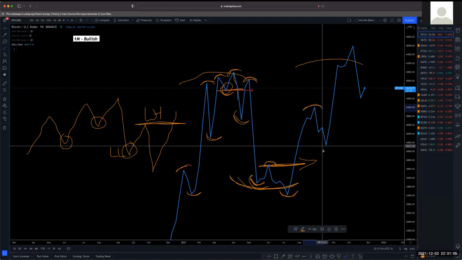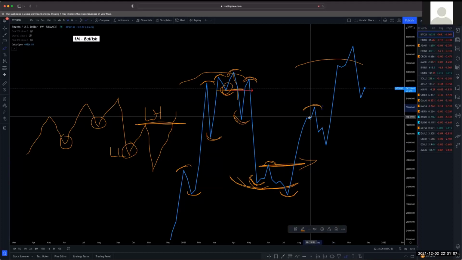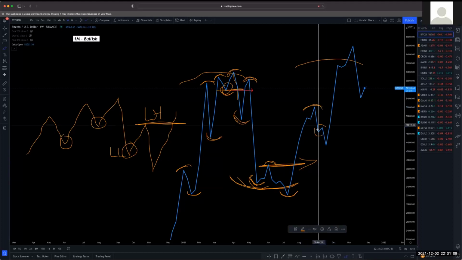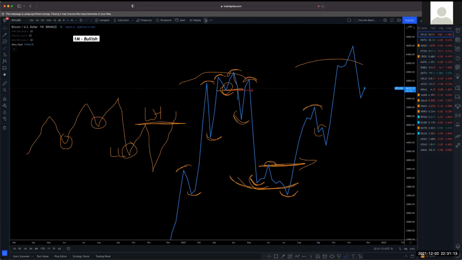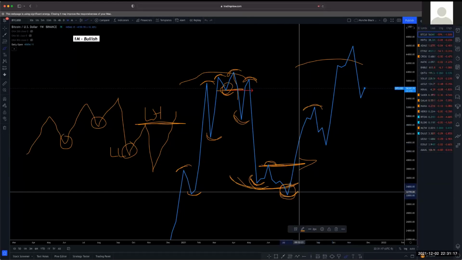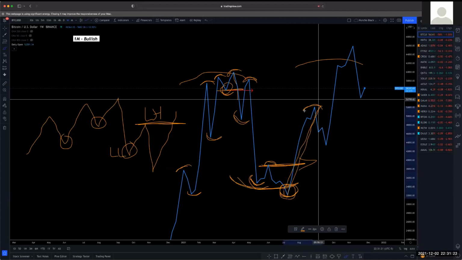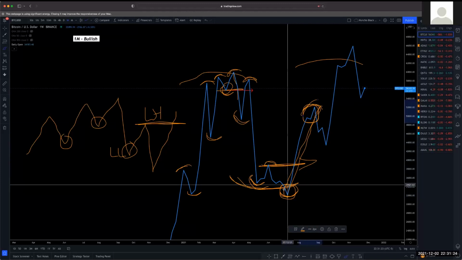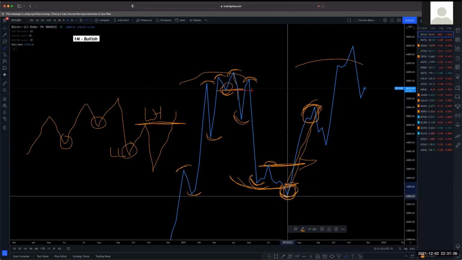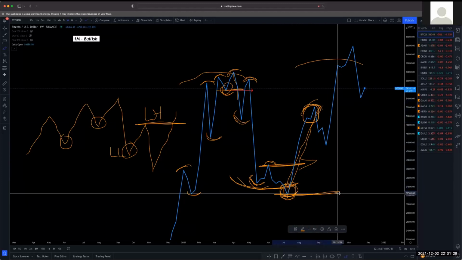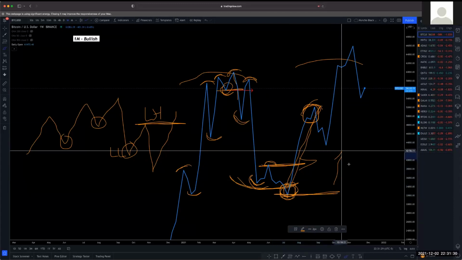Perfect. That's what we would call a break of structure that then creates this new high. Now, I know that you guys see this low right here, this low right here, this low right here. Why isn't it bearish right there? What I want you guys to see is that this is the low that created this high right here. So this is the high and this is your low. Until this low gets disrespected, we're bullish.